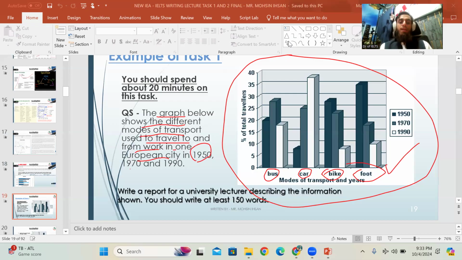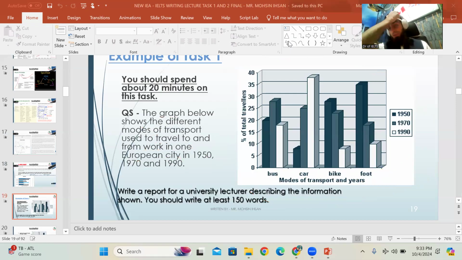In 1950, 1970, 1990, as we studied at the beginning of the lecture, the graph will show how much something has been used in different time spans, right? So in 1950, 1970, 1990, a little bit matching with the line graph, right? The dark one representing 1950, the light one 1970, and the white one 1990.